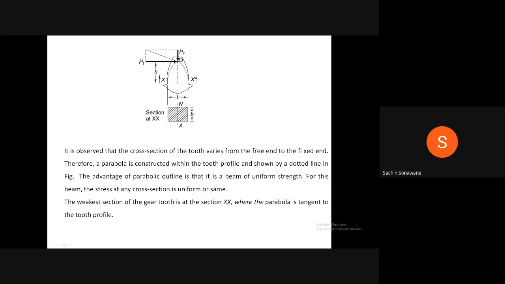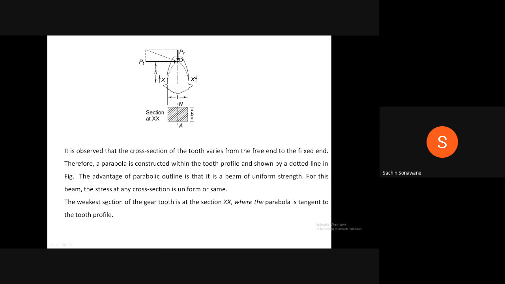The advantage of the parabolic outline is that it is a beam of uniform strength. For this beam, the stress at any cross section is uniform or the same.